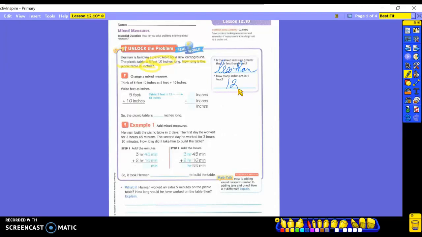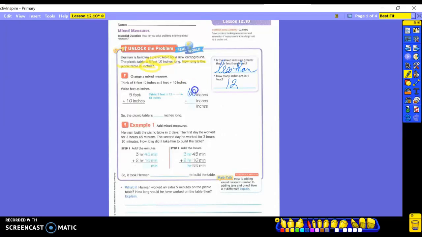So we're going to change a mixed measure. We're going to think of the 5 feet 10 inches as 5 feet plus 10 inches. You see how they wrote that? They wrote the 5 feet above plus the 10 inches underneath. Now, what we have to do is change our 5 feet into what? Inches. We know that there are 12 inches in a foot, so we're going to take that 5 feet times 12, and that gives us what?